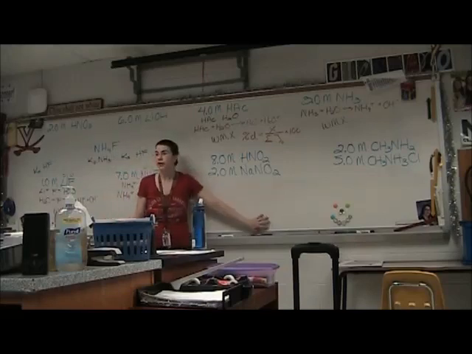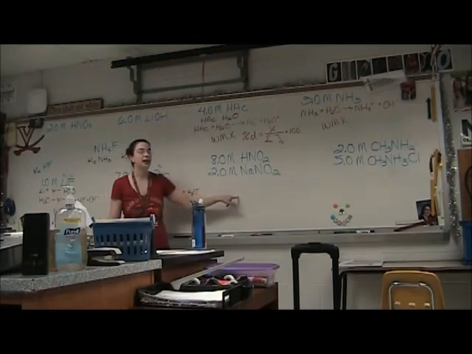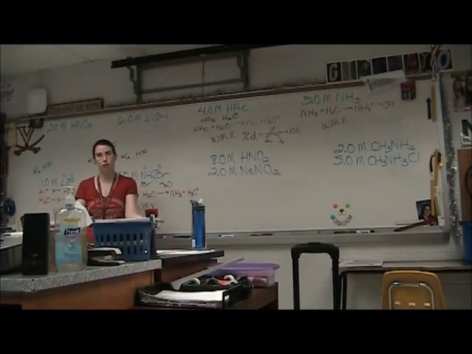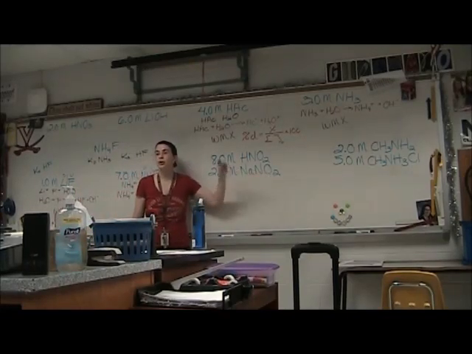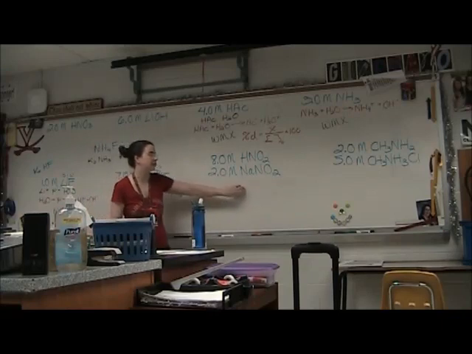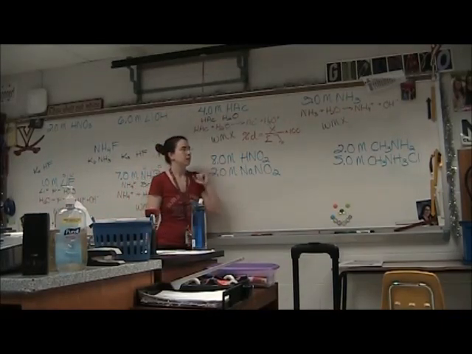You could solve this with an ICE table, but it takes a lot longer. And I'm telling you, minutes are precious in a testing situation. So if it's a buffer, go right to Henderson-Hasselbalch and move on. If it's not a buffer, then start listing out your major species.